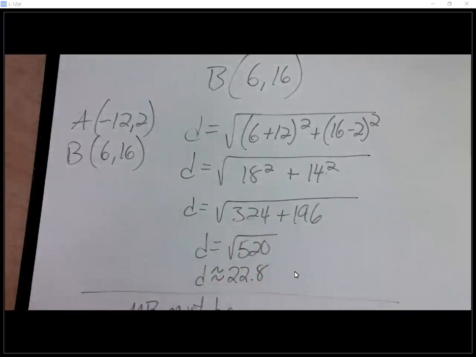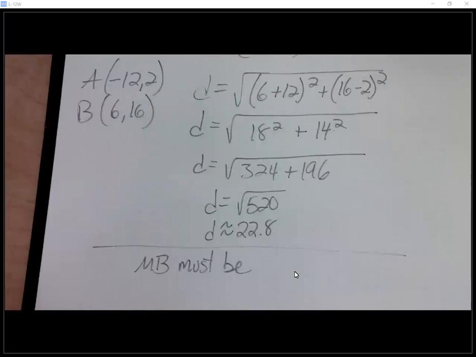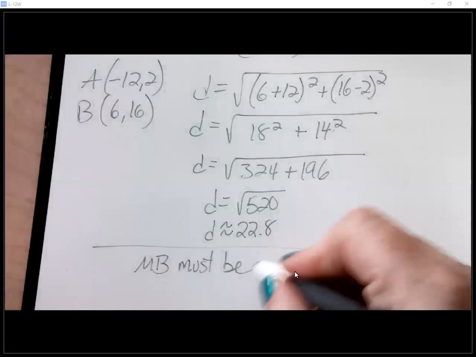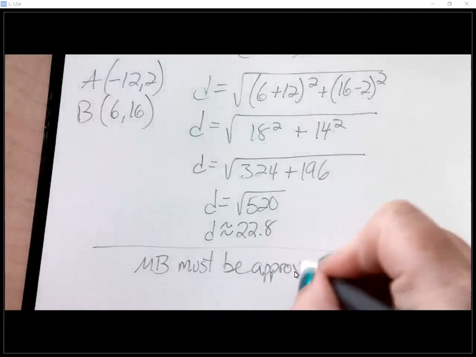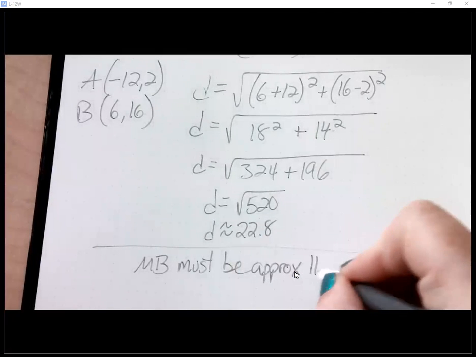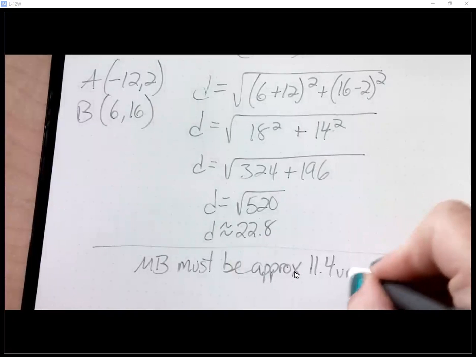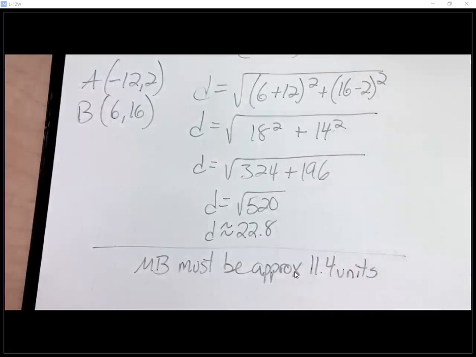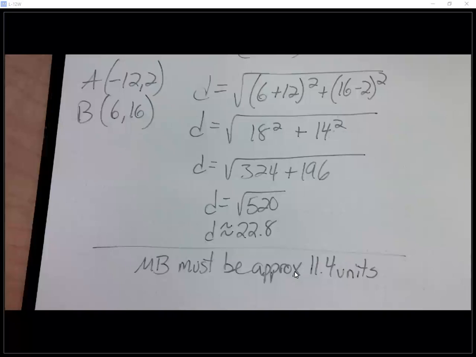If I know that M is the midpoint, then MB has got to be half the length of the whole segment. So MB must be approximately 11.4 units. There we are. You could have done the distance formula, of course, and if you had done it, it should have come out to be about 11.4.